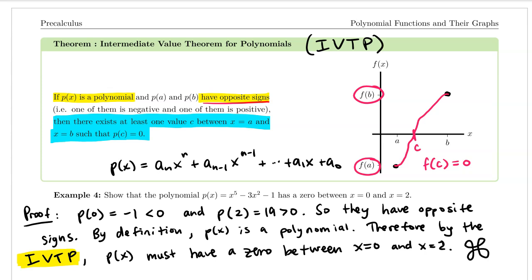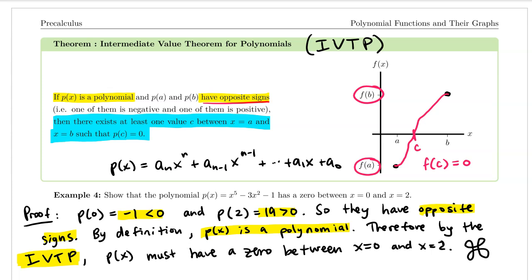Now, let's just quickly recap. When you are doing a mathematical proof, you need to make sure that the conditions of the theorem that you're using are satisfied, which we've done. So we've mentioned that they have opposite signs, because this one is negative and this one's positive. And we also mentioned that p of x is a polynomial.